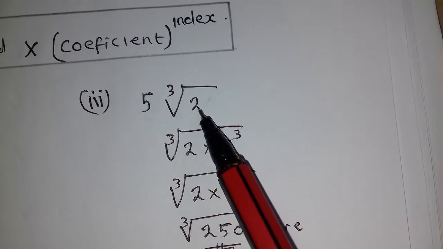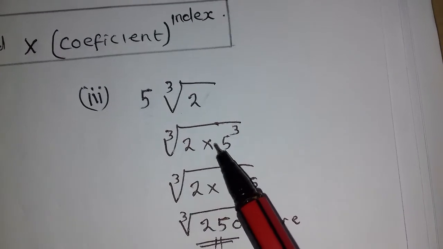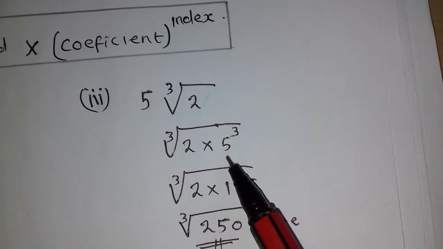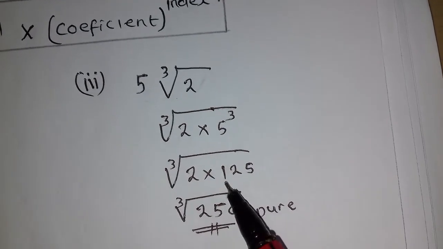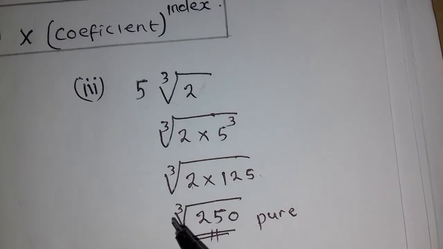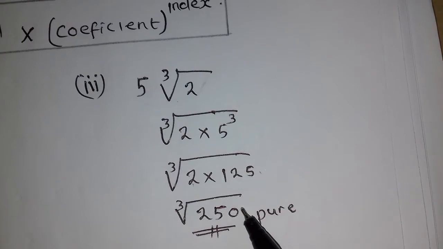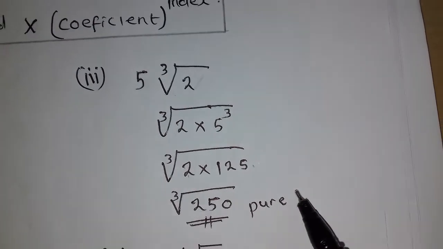So we have 2, this 2 here, times this 5 to the power, what is our index? 3. So 5 to the power 3 is 125. When you multiply by 2, we get the cube root of 250, which is a pure SAD.